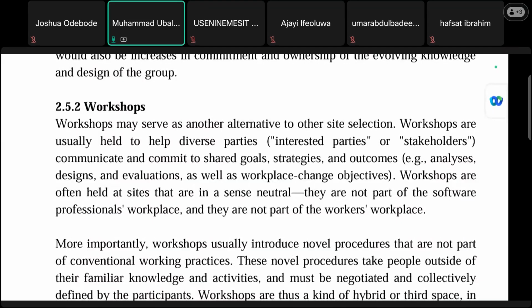So another example of a technique that we apply is through workshops.